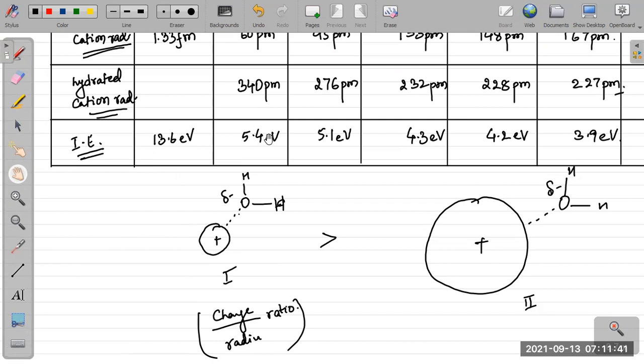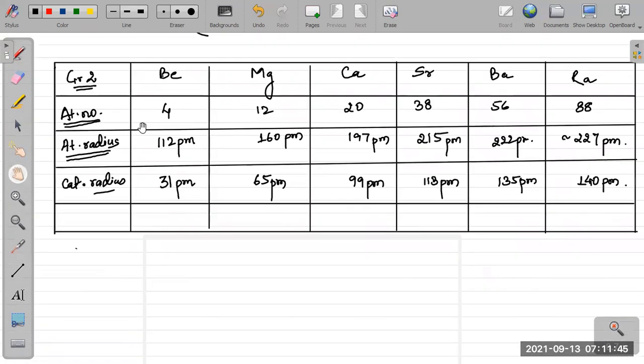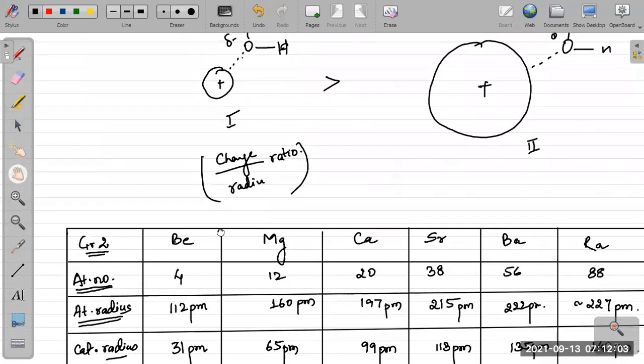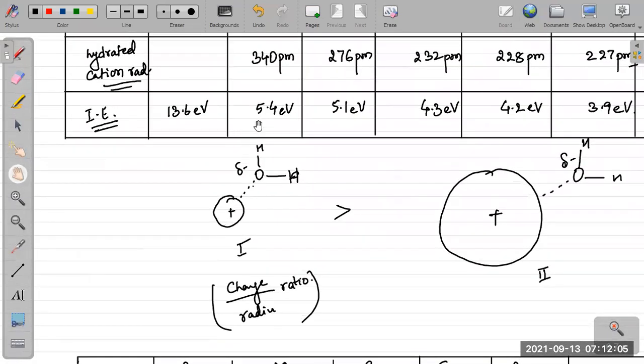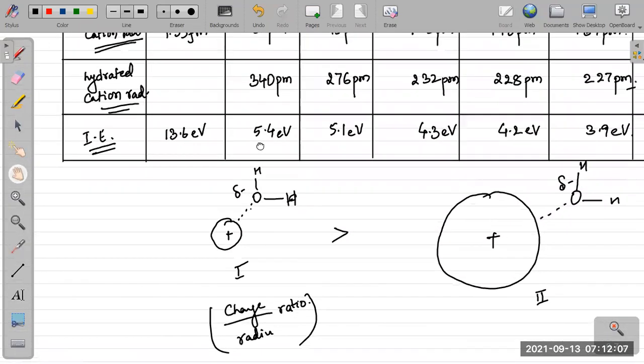Ionization energy 1 of group 2 element, IE1 and then IE2. So IE1 is going to be greater than IE1 of group 1 element.